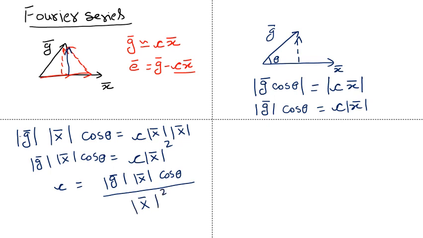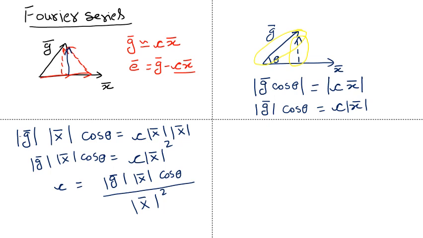Remember, we are writing this under the condition that you are projecting this vector on the x-axis. In that case the error will be minimum. The error is minimum when the error vector is normal to the x-axis, and the other tip of the error vector joins with the tip of the vector g.